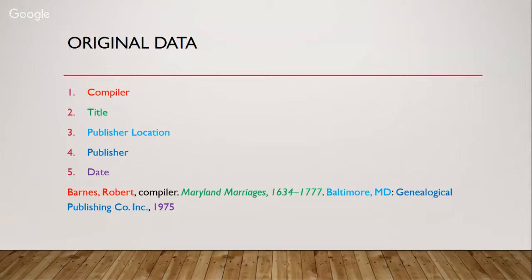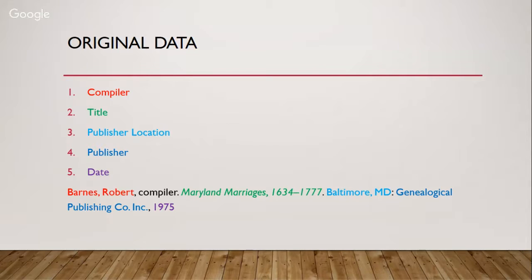It was published in Baltimore by the Genealogical Publishing Company, Inc. in 1975. So that's the information broken apart, because we're going to use different pieces of that when we craft the citation.